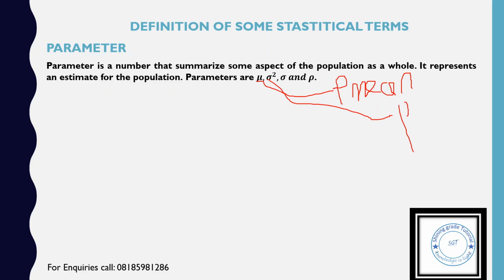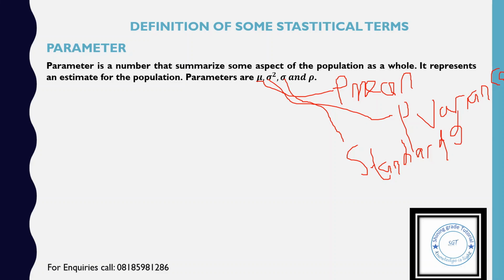This is the population variance. And this is the population standard deviation.